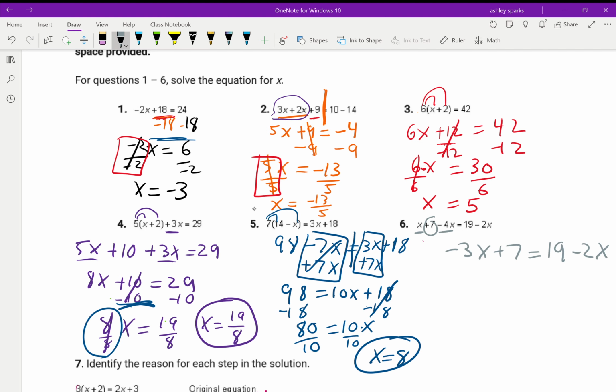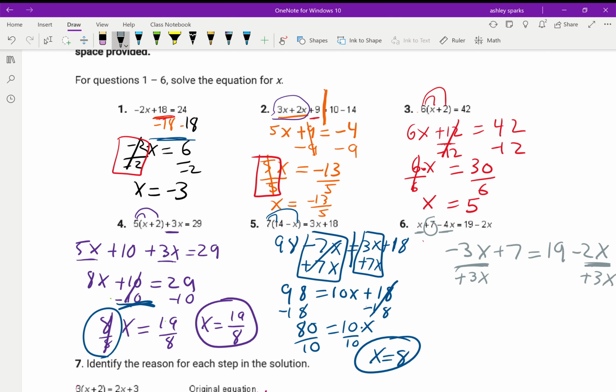Now what you'll notice is I have an x over here and an x over here. So before I move on, I want to combine those. Again, my recommendation would be look at which one of them is a bigger negative. So I have -3 and -2. If I add 3x to both sides, what's going to happen is I'll get rid of the negative.